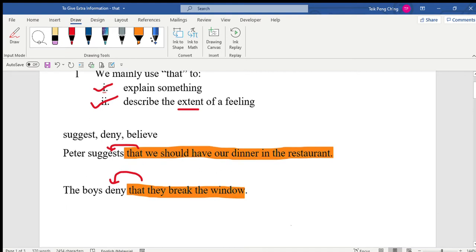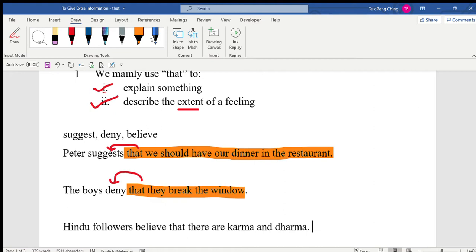Next, "belief." Hindu followers believe, and then you want to explain further, what do Hindu followers believe? Hindu followers believe that there are karma and dharma.